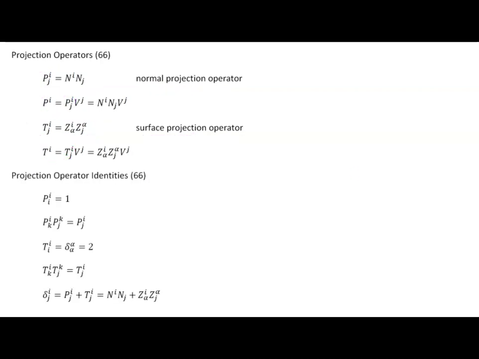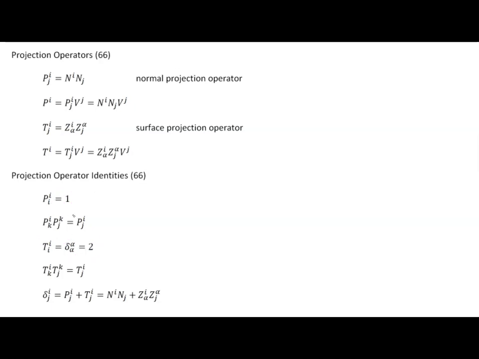Okay, the next thing we did was to derive a number of identities for these operators. We said that the contraction of the indexes for our normal projection operator just gives us a value of 1, but the same operation of contracting the indexes for our surface projection operator gives us a value of delta alpha alpha. For normal surfaces, that's just 2, but we emphasize the fact that if we're working with hypersurfaces, then the value is going to be equal to whatever the dimensionality is for the surface.